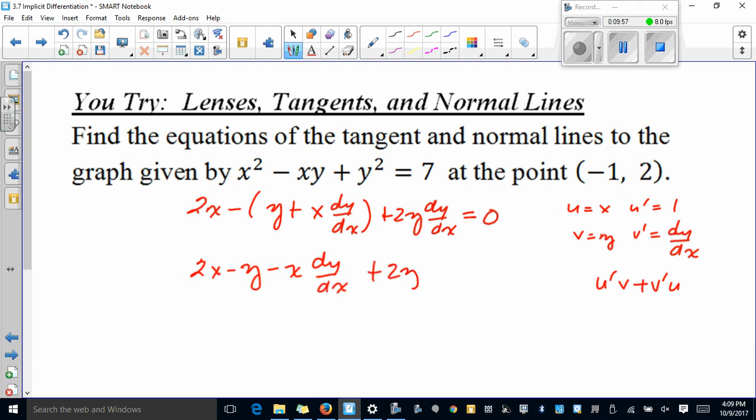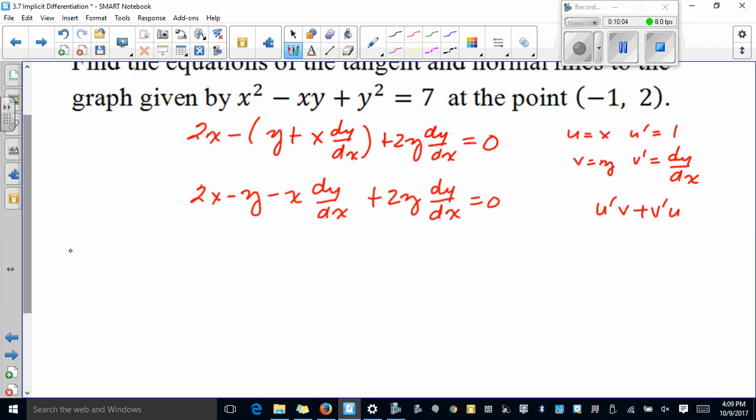Okay, remember dy dx just stands for slope, which is just m. So I'm going to start doing substitutions. There's my x, there's my y. So 2 times x, which is -1, minus y, which is 2, minus x, -1, m, plus 2 times y, which is 2, m, equals 0.